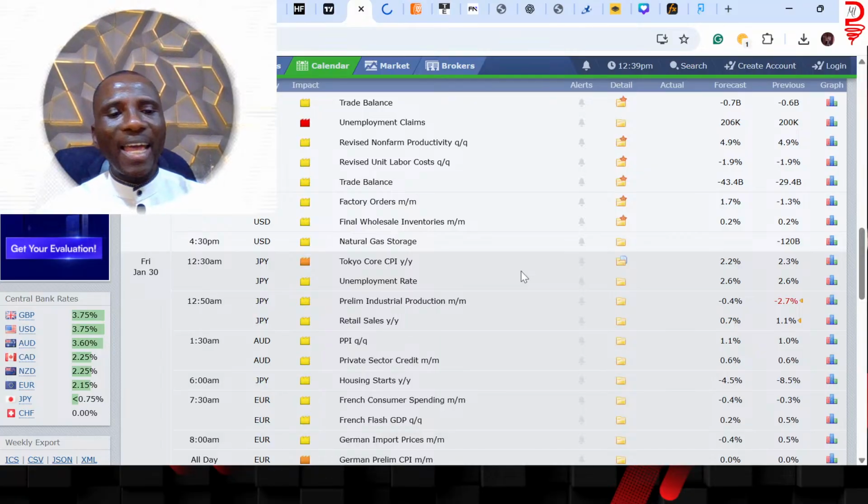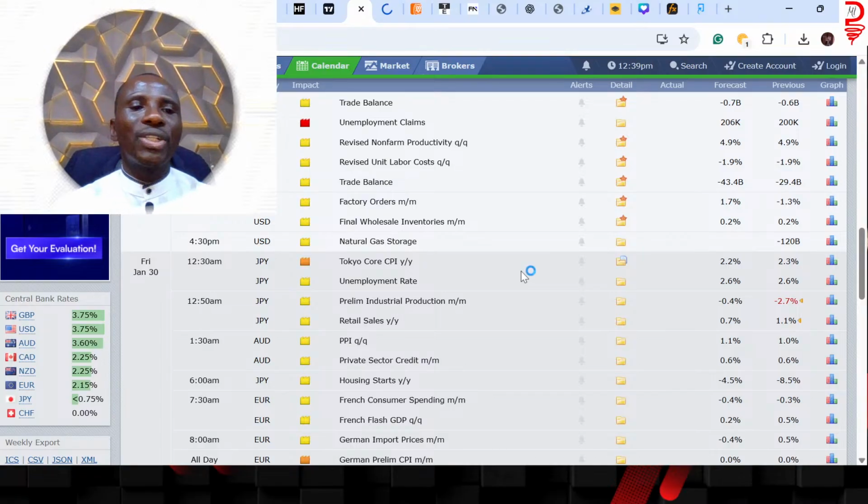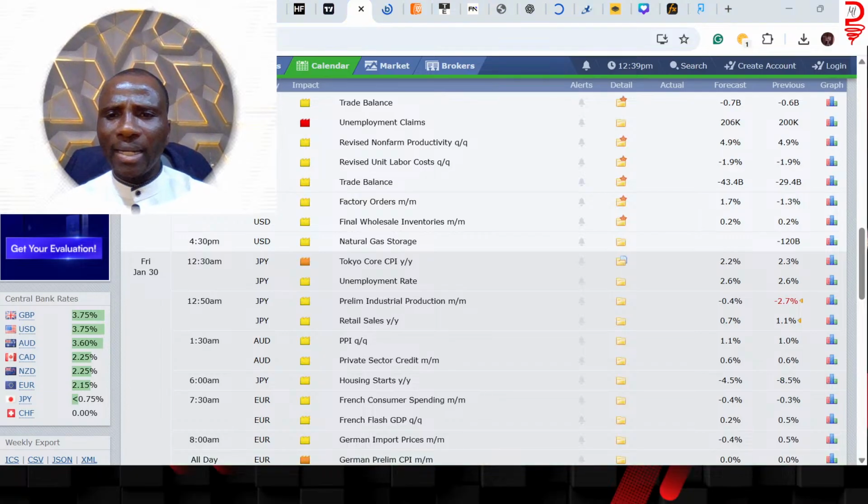Are we expecting any news event that can shift the interest rate decision looking forward? And that's what we do when we do our fundamental analysis.